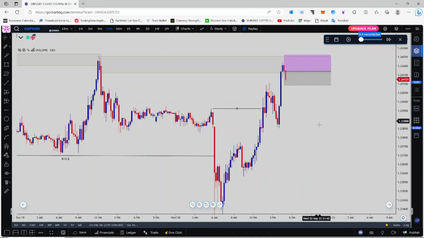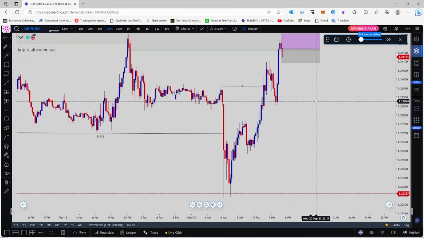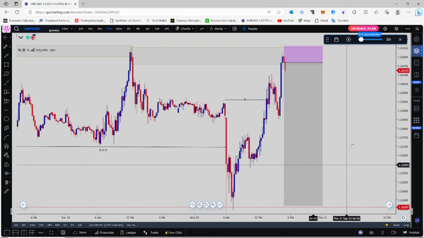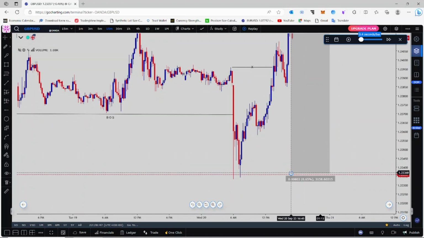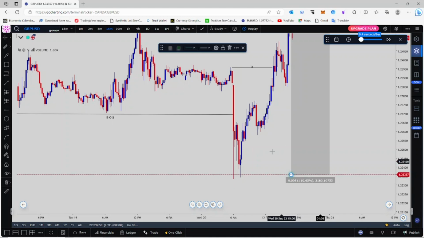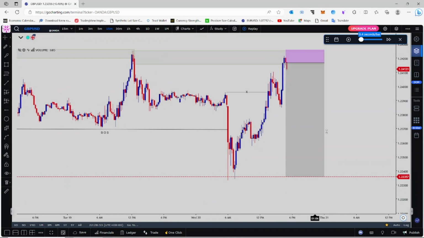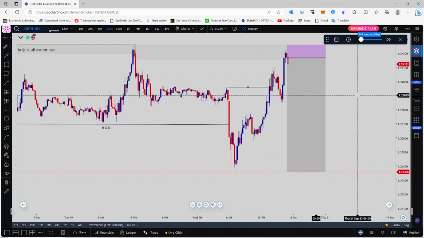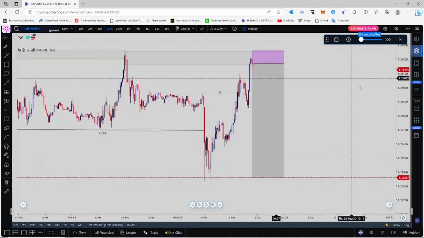So, where is the target? Your target should be your lower low. Right over here was our target. You shouldn't be too greedy in the market. Your target should be right over here, and that was 1:8.7. 1:8.7 RR isn't too bad, guys.